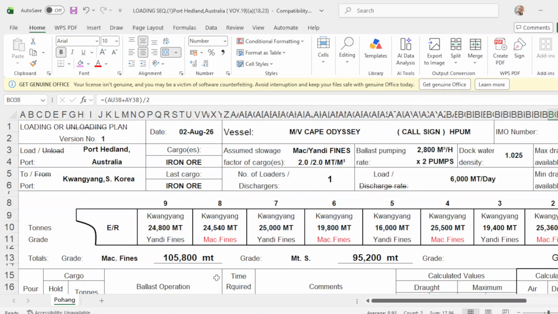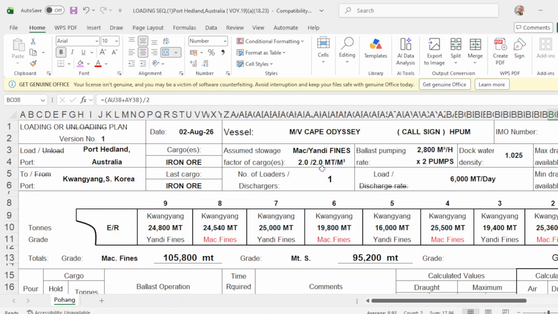Again, this is the loading plan or loading sequence. The vessel is loading at Port Headland and discharging in Gwangyang, South Korea. The cargo is iron ore.